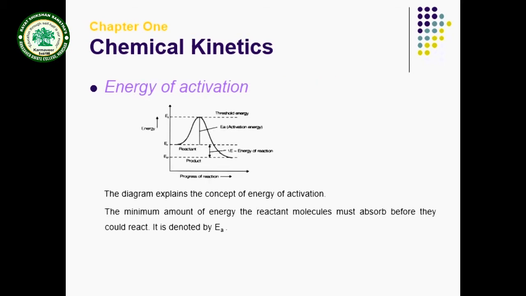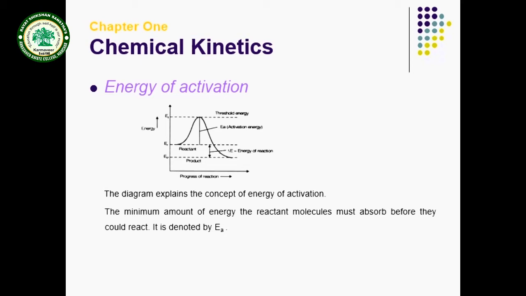This energy of activation term, this diagram reflects the energy profile diagram in which the potential energy is plotted on the y-axis and the progress of reaction is plotted on the x-axis.